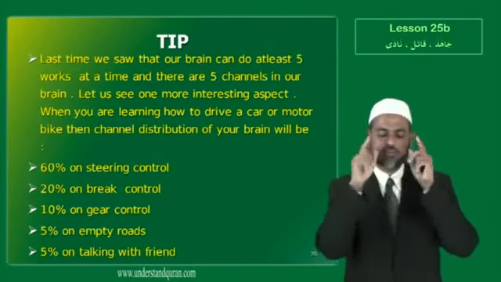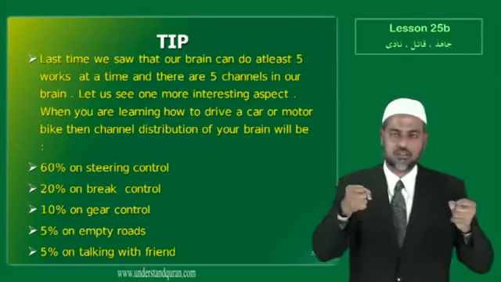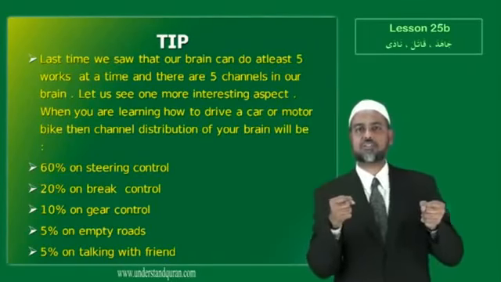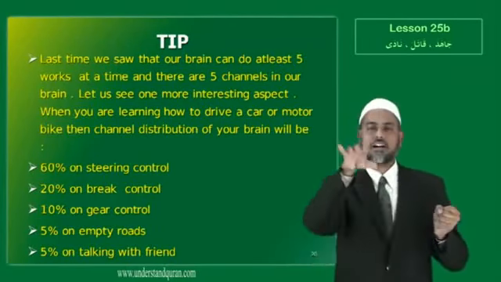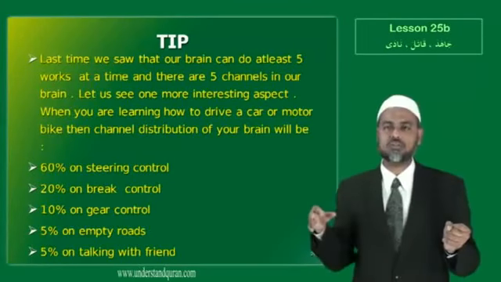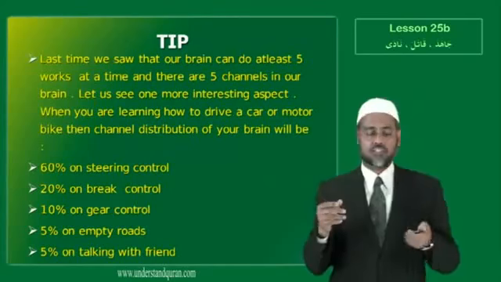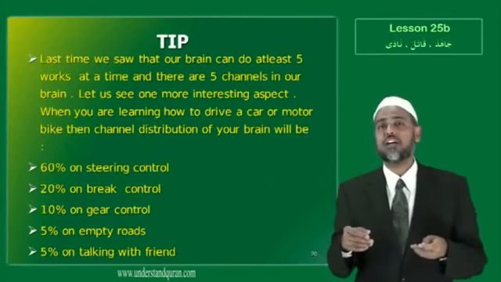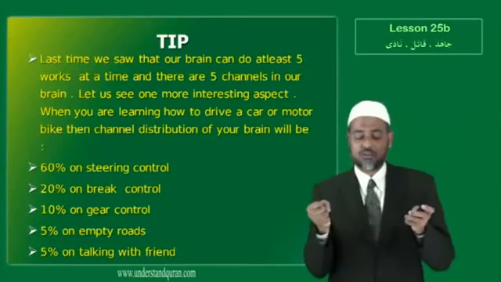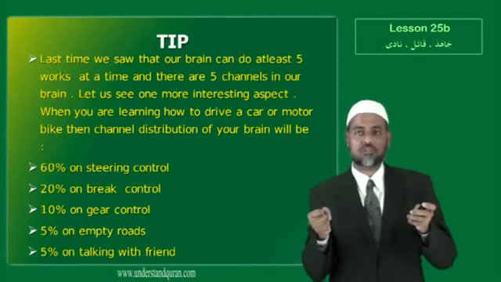Perhaps 60% of your focus was on steering, 20% on brake, and maybe 10% on gears. You were learning in an empty space, not on a highway, and you were not bothered about talking, except maybe 5%, and that too about changing gears.